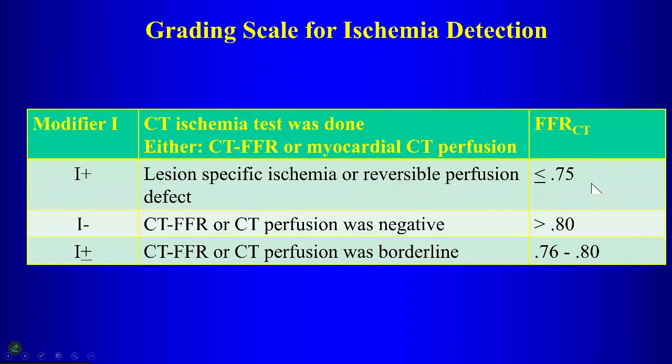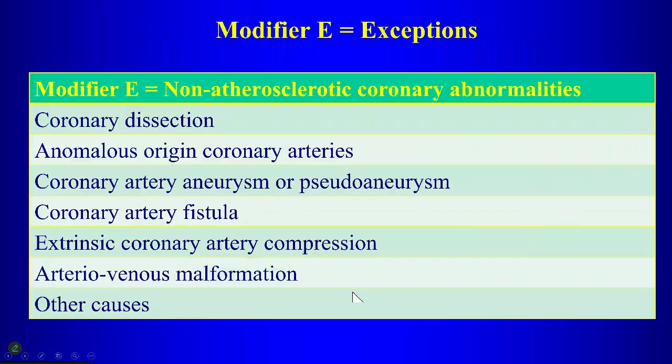Your fractional flow reserve is less than or equal to 0.75. If it's greater than 0.8, then that's negative for ischemia, so it's I-. And if it's in the equivocal range, then it's I+-. So that's how we use the I modifier if you have information for ischemia for that particular stenosis.